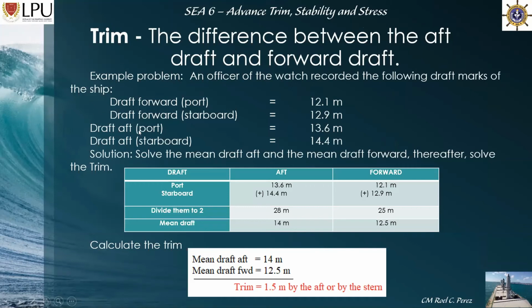So, dapat marunong kayong bumasa ng draft, especially cadet. As part of their training, inuutusan ko yung cadet to read the draft, kasi para sa kanya din yun, kung basta safe lang yung port.